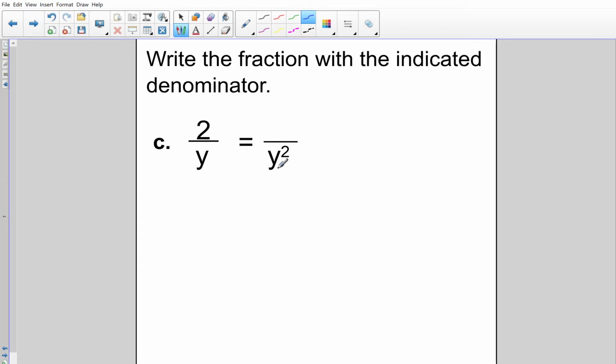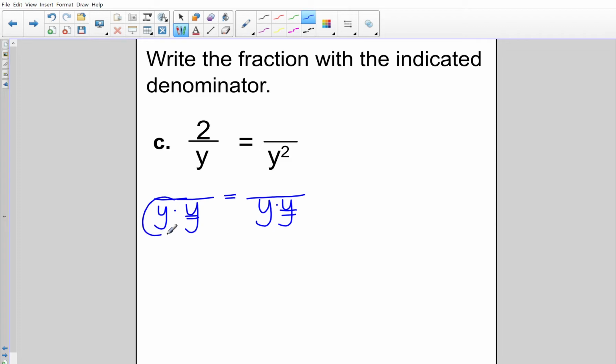Okay, now this one with the variable squared is a little different. I still want to change it into this one, but I need to understand what y squared is. It's not a 2y, it's y times y. So I need to write that out. Let's do y times y here, and then compare that to this y here. This one has y and y, so I have a y that matches this y, but I need one more. If I multiply by a y here, I now have matching variables, exactly the same.